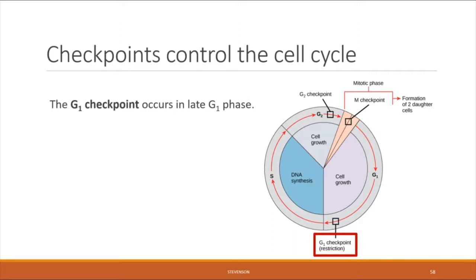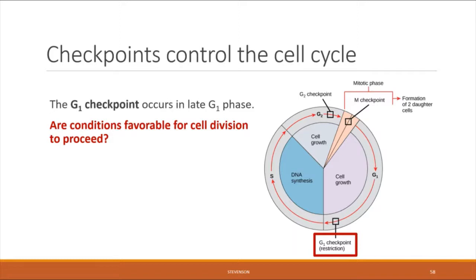The question that the cell needs to answer at this point is, are conditions favorable for cell division to proceed? At the end of G1, all the cell has done is grow and develop. It has not yet really committed to the division process, which is more or less what happens once it enters S phase and begins to replicate all of its DNA.